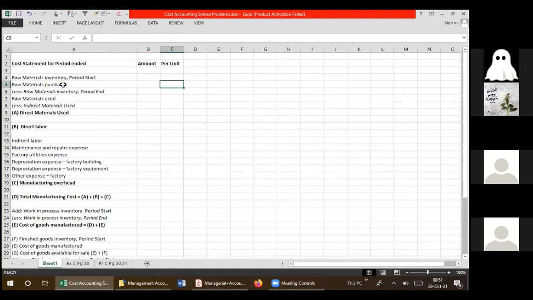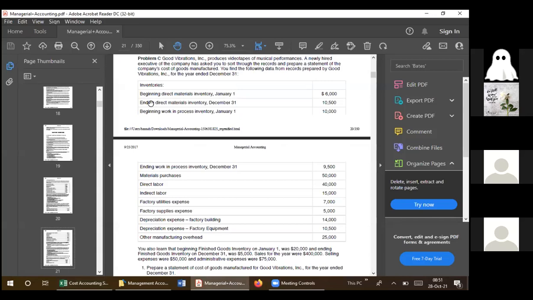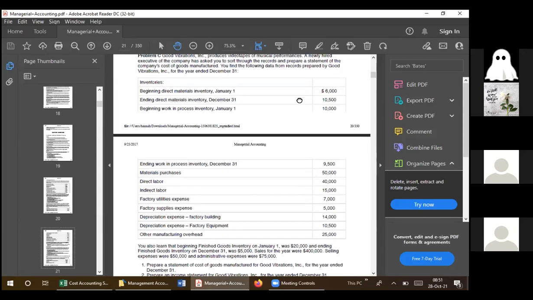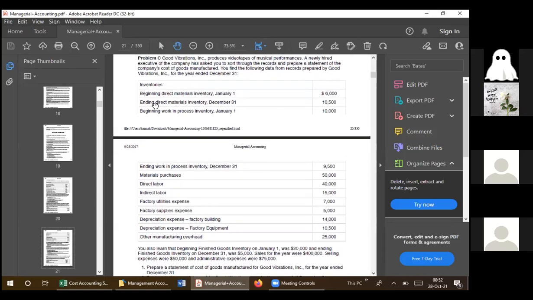Next, we have to write raw material purchases during the year, whatever direct material was purchased during the year. Here we have ending direct materials inventory on December 31st, which is 10,500. We do not need that.